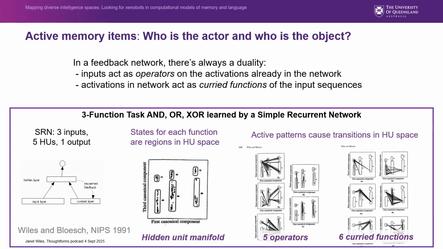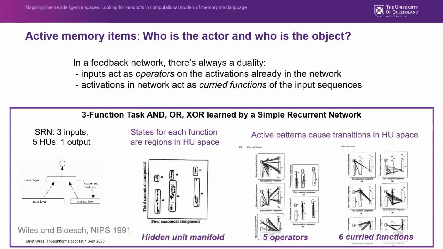So we map the states for each function within the hidden unit space. Looking at the hidden unit manifold, mapping the first and the third canonical components, we can actually see the geometric structure of how the hidden layer is shaping the data as it passes through it. And then you can map onto that the active patterns. What an active pattern does is cause transitions in this sort of space.